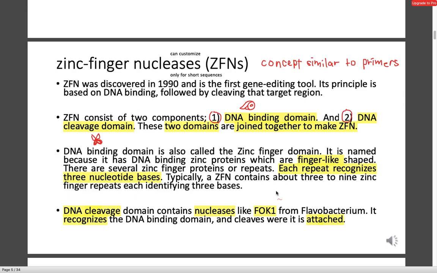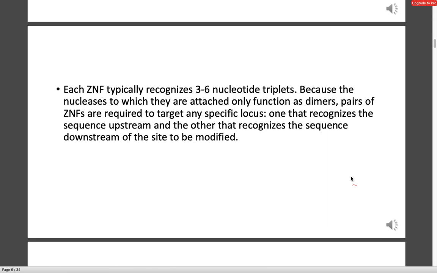I mean, if the sequence is long, it's very hard for the ZFN to work. Alright, because you need a lot of complexes there. When you have a lot of complexes, the tendency is not to get the region of interest. So typically a ZFN contains about 3 to 9 zinc finger repeats, each identifying 3 bases.